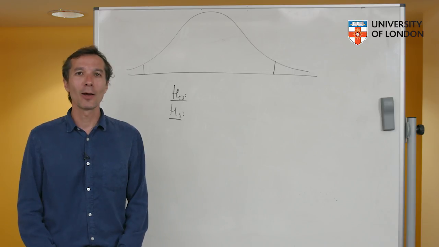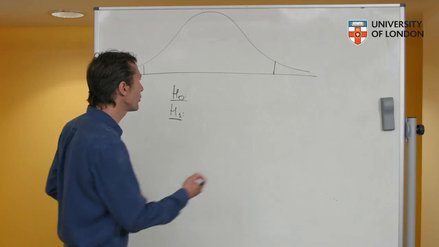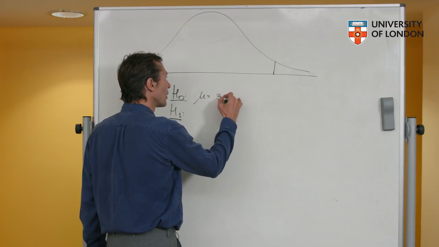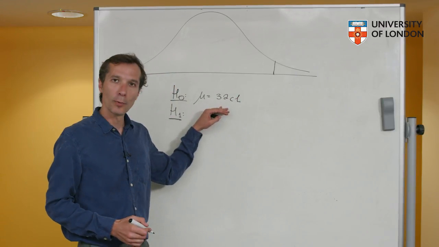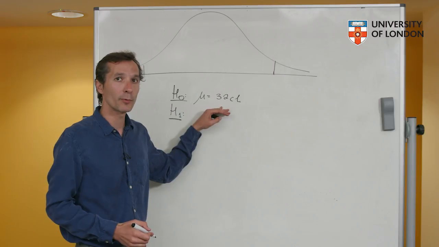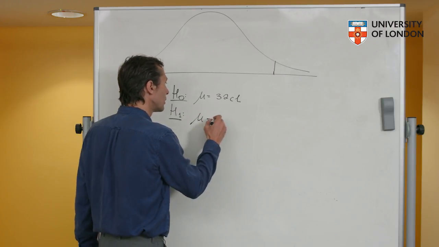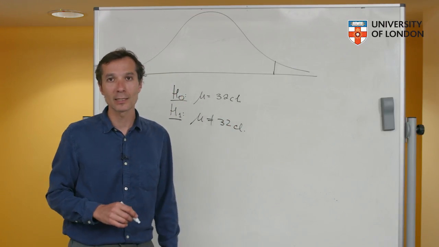So in this case, we have a hypothesis to propose. Because we're interested in whether on average there are 32 centiliters in a can, this will be the hypothesis that we're proposing. The alternative hypothesis will say that we don't have those 32 centiliters in our can.